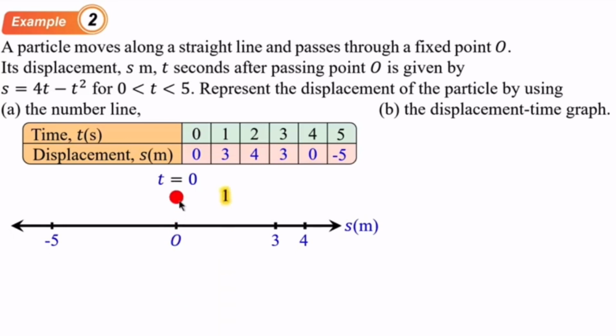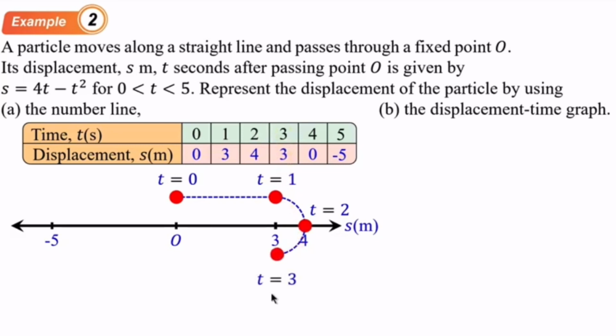So let's start to show the movement of the particle. At t equal to 1, the particle is moving to the right. This is the displacement, 3 meter to the right. And then at t equal to 2, the particle travels to 4 meter to the right, and that is the so-called maximum displacement. At t equal to 3, it goes back to 3 meter from the fixed point.